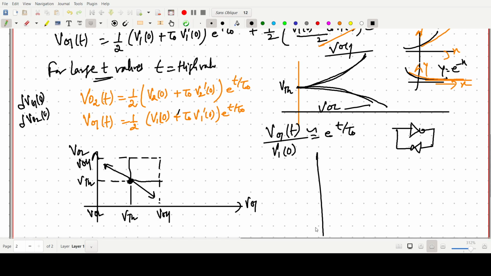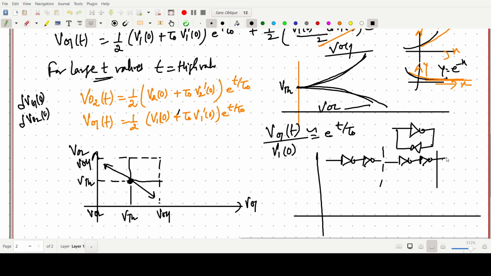So if there are two or more inverters, and another amplifier again, say A, then for the second one A squared up to A to the N. This A to the N can also be e to the power t by t naught.